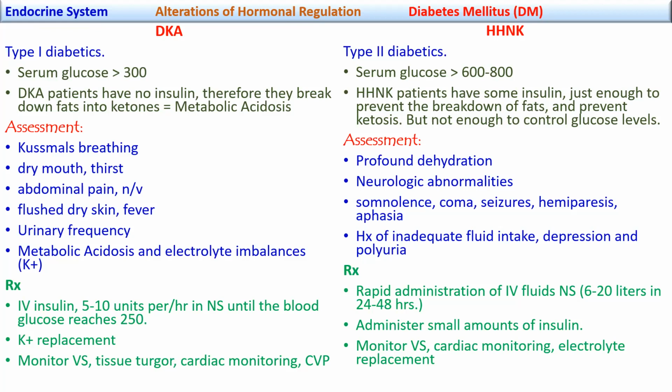Both cases will present with severe dehydration, more in HHNKS than DKA. The dehydration will be more severe in patients with HHNKS, but both will be dehydrated. I listed here the differences in this slide in terms of assessment findings and treatment modalities.